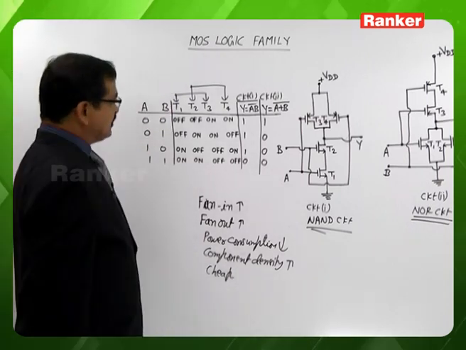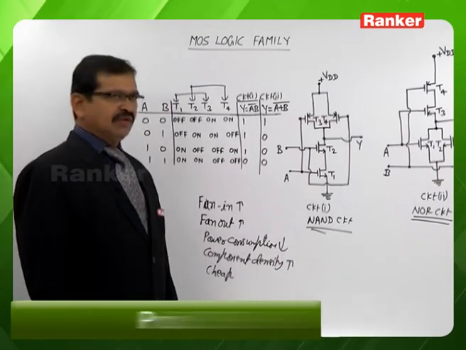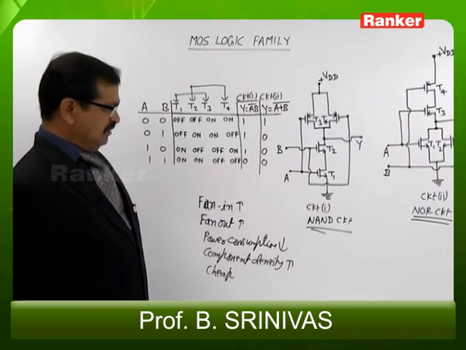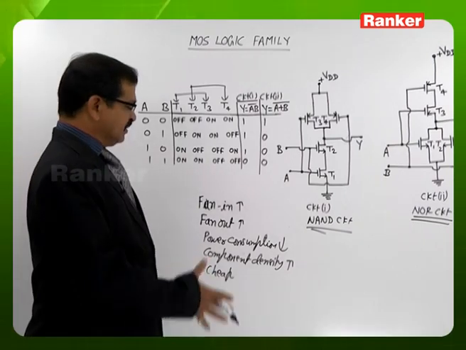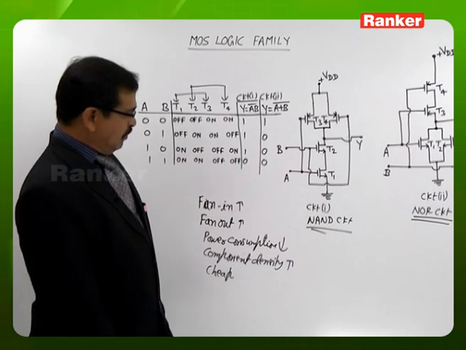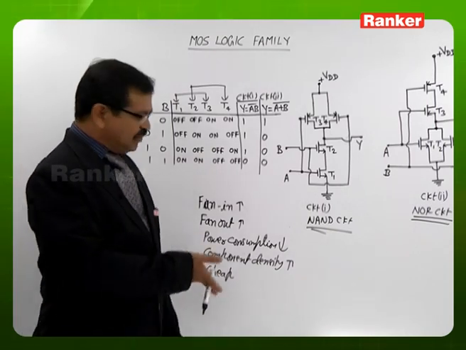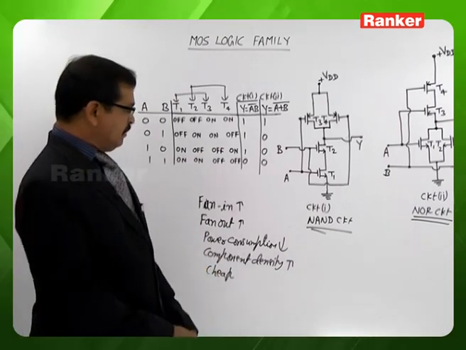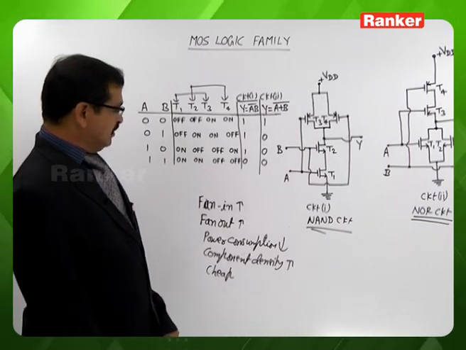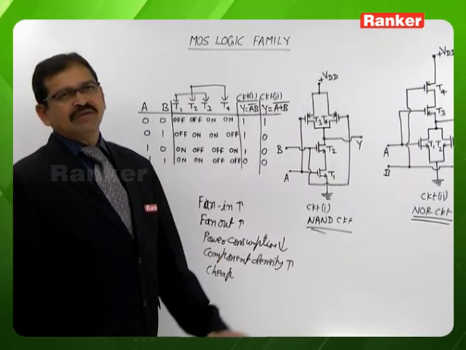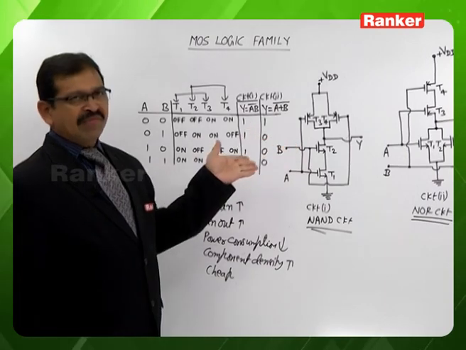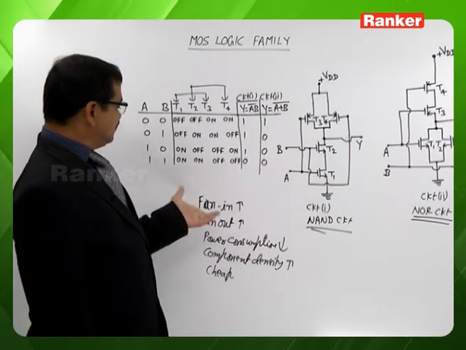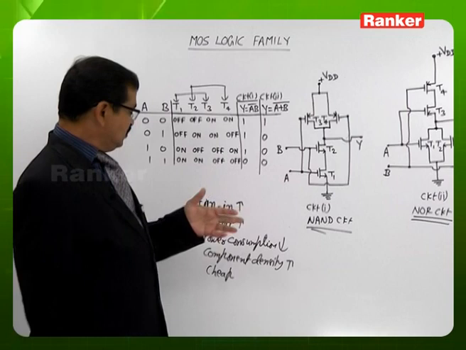These are the advantages of the MOS logic ICs compared with the bipolar logic family ICs. In fact, as per the syllabus, we should not talk about this because there are no bipolar logic family ICs, so it is not possible to compare, but as a matter of discussion I am mentioning it here. In general, the MOS logic ICs have high input impedance, so the fan-in and fan-out both will be large.